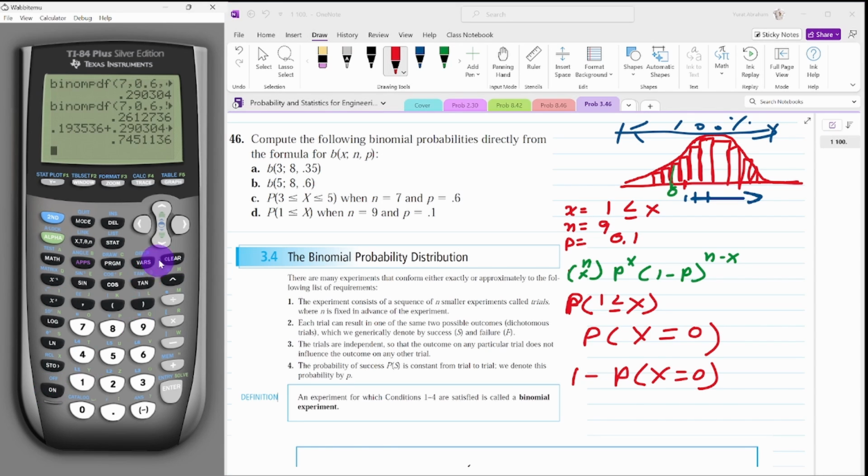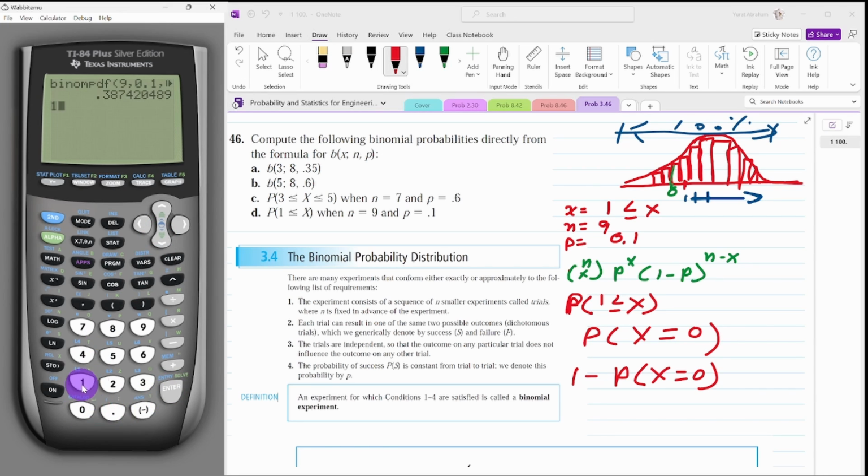Turn it on, clear this, with second vars, and binomial PDF. There we go. Trial n is 9, p is 0.1, x is 0.